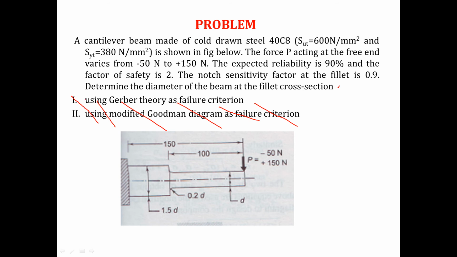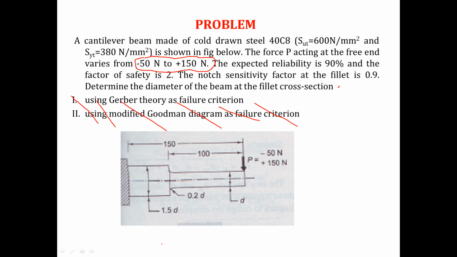You can identify whether you will solve this problem by the endurance diagram or by the SN diagram by this term. It is given in the problem that the force acting at the free end varies from minus 50 to plus 150 Newton. That means minimum force acting is minus 50 Newton and maximum force is plus 150 Newton.